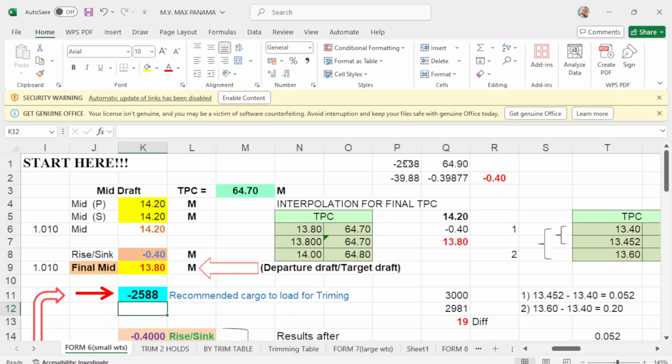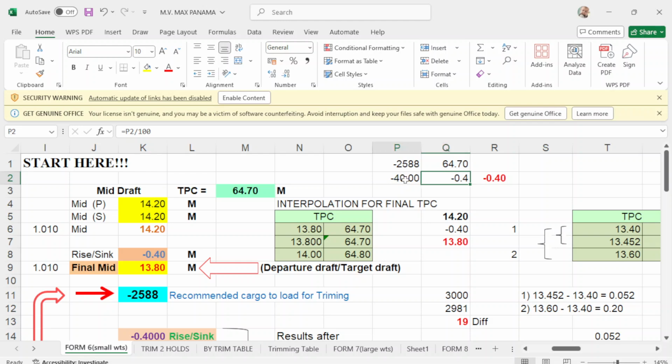So this is your total cargo to be discharged, and you have your TPC here of 64.70. So you put here 64.70. That is your TPC. Okay. So you divide your total amount of cargo to be discharged by your TPC.